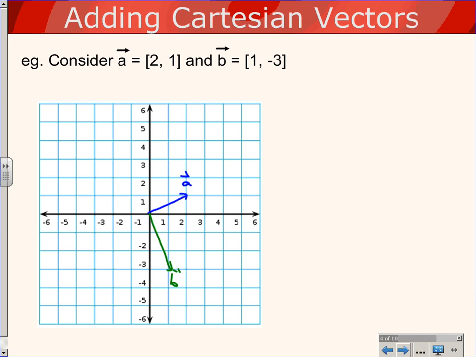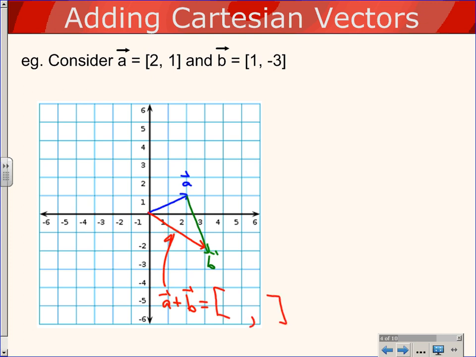So I'll pick up vector B and slide it over to there. And now they are aligned head to tail. And the resultant should be from the tail of the first to the head of the second. So that there is vector A plus B.